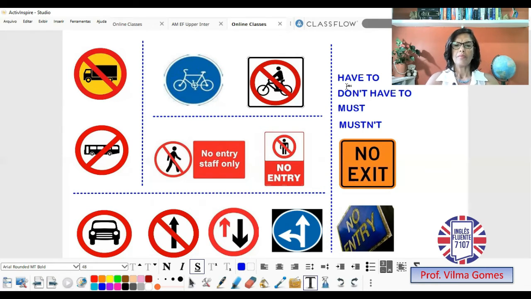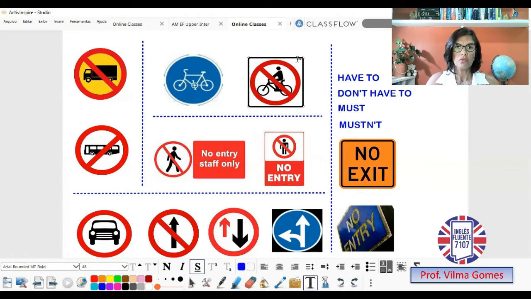Então, vamos lá. Let's start with the bicycles. So, for example, this sign here, what does it tell us? That we can't cycle in that area, right?